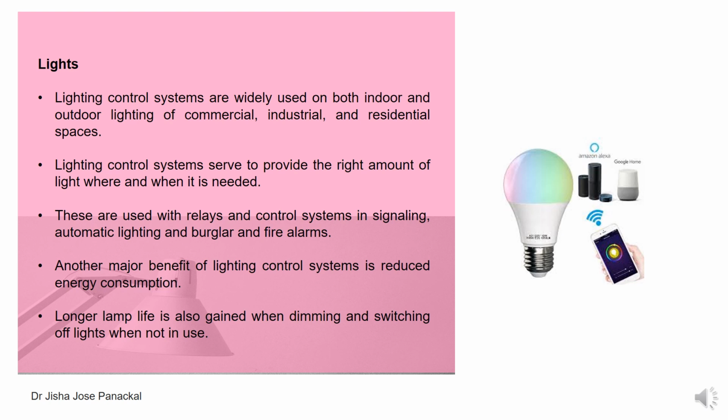There are several lights like this available on the market, and these are used as part of IoT systems, that is Internet of Things, and we can control them remotely, or we can use this as a centralized mechanism. So these are some of the modern types of output devices.